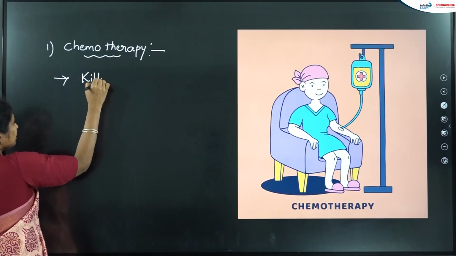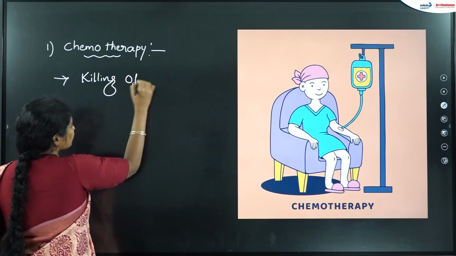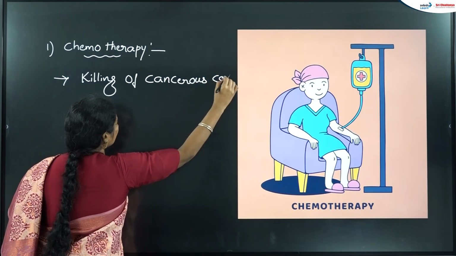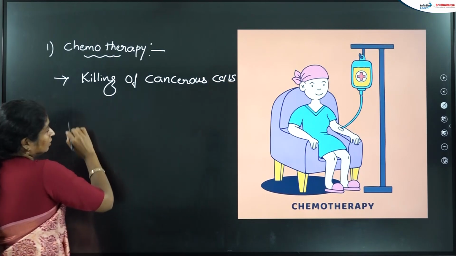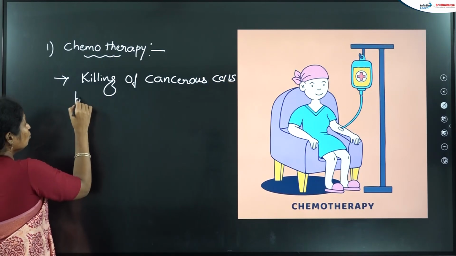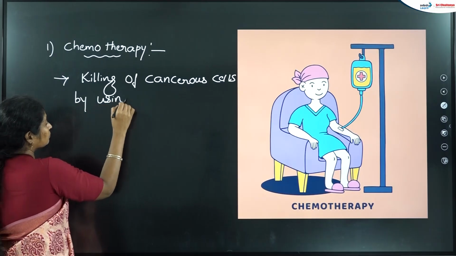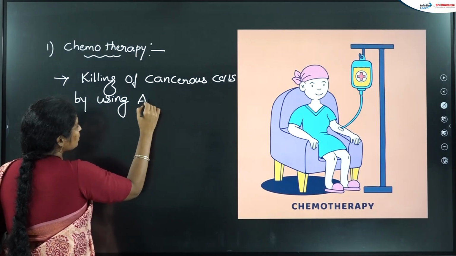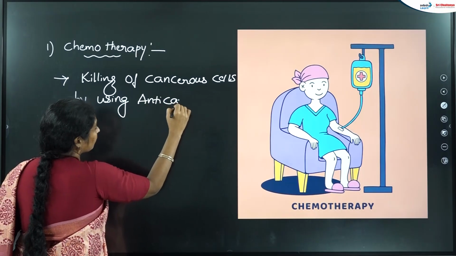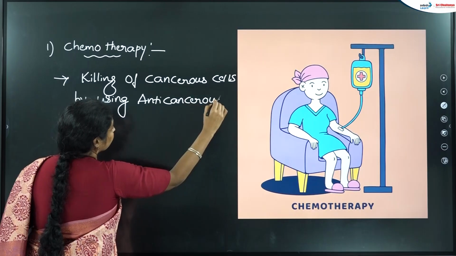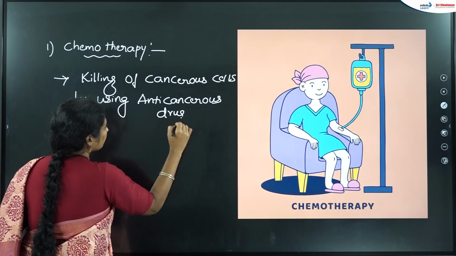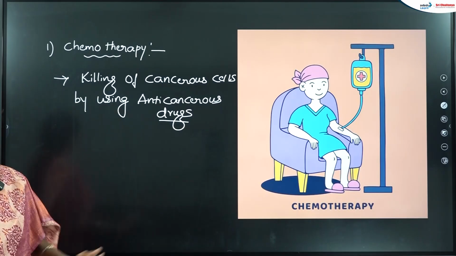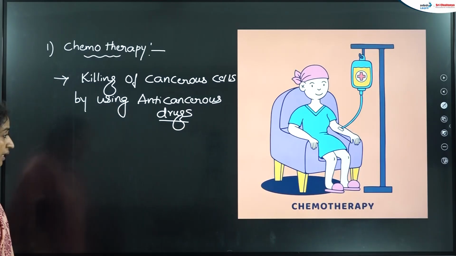Chemotherapy literally means killing of cancerous cells, or inhibition of division in the cancerous cells, by using drugs known as anti-cancerous drugs.